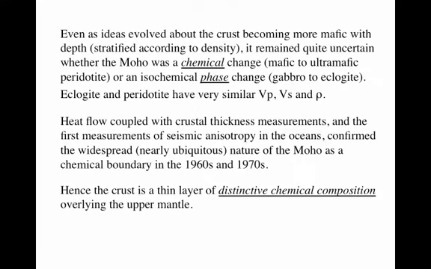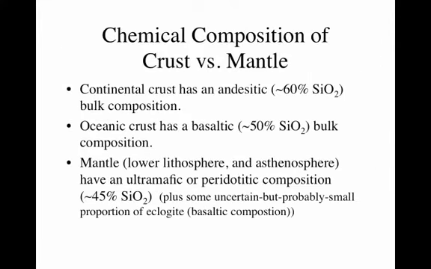So heat flow coupled with crustal thickness measurements, and the first measurements of seismic anisotropy in the oceans confirmed this widespread feature that is the MOHO as a chemical boundary, and it was in the 60s and the 70s. And so crust is this thin layer of a distinctive chemical composition from the underlying upper mantle.